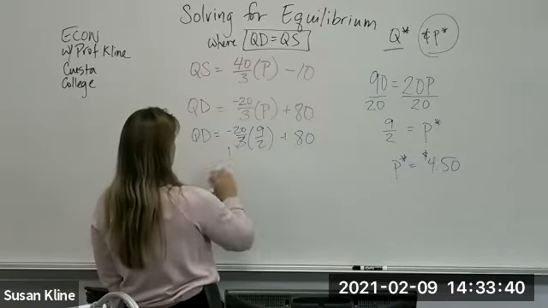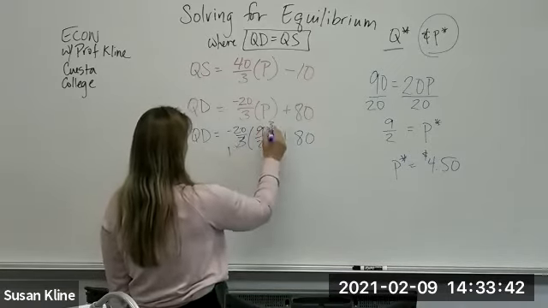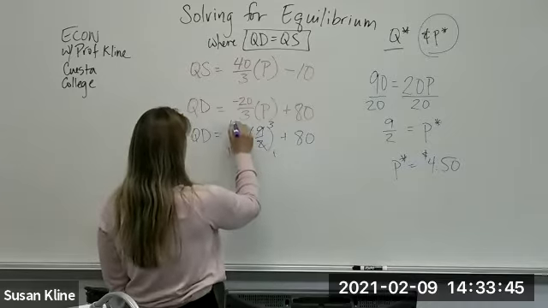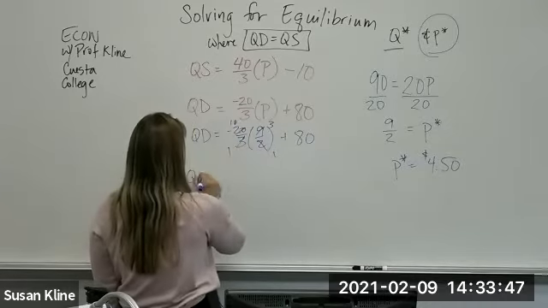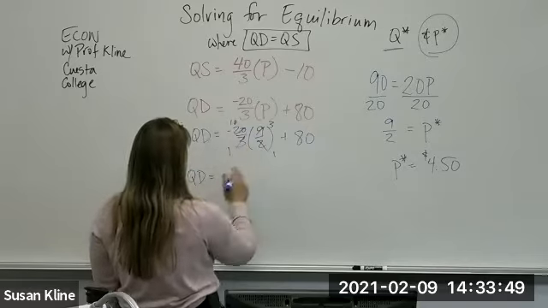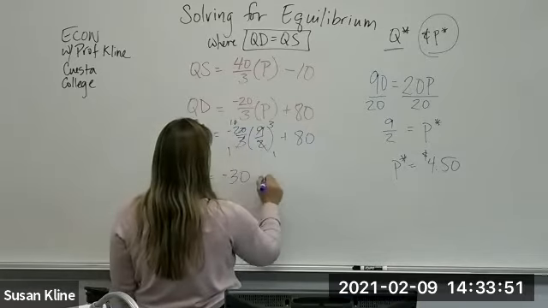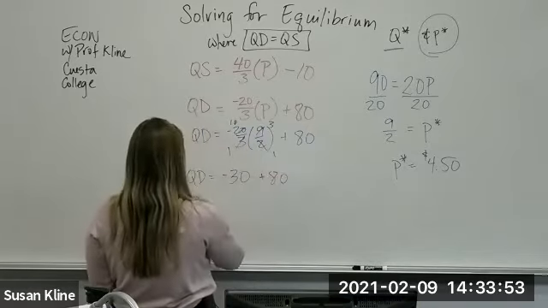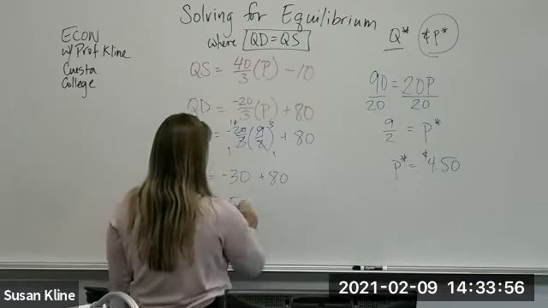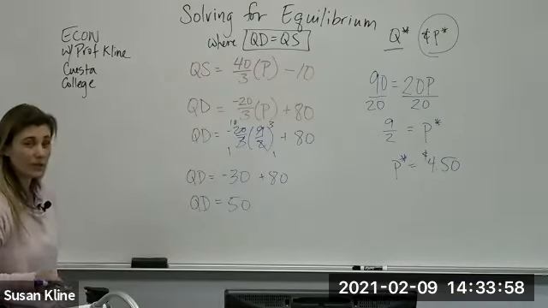I'm going to simplify my fraction. So I have quantity demanded of -10 times 3 is -30, plus 80. So quantity demanded is 50. That should be our equilibrium quantity.